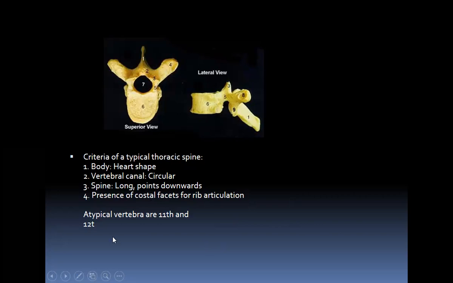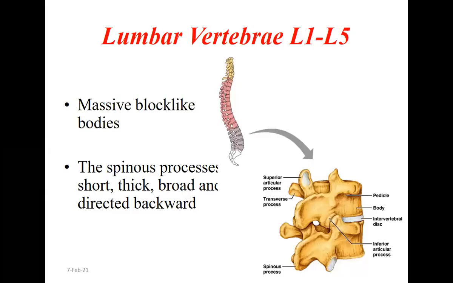Okay, this is how we can identify the thoracic vertebra. Then atypical vertebrae are the 11th and 12th. Most of the vertebrae look like this. Now coming to the lumbar vertebra, L1 to L5. So these are the lumbar vertebrae.